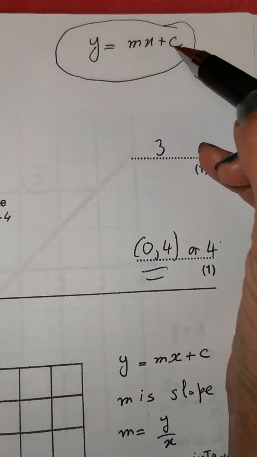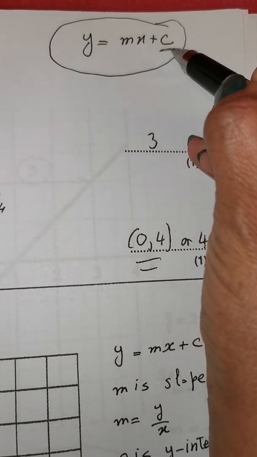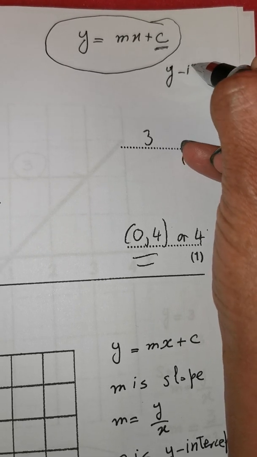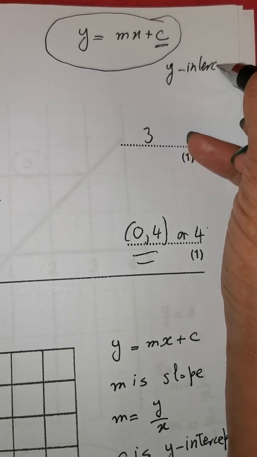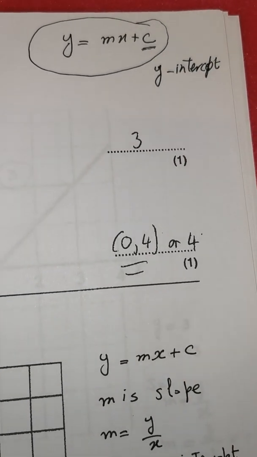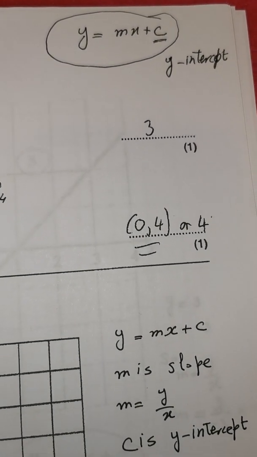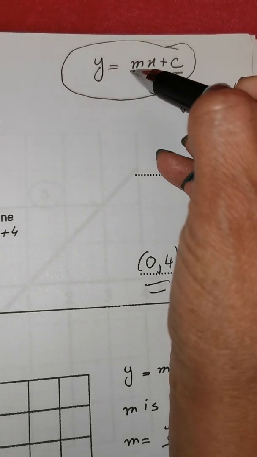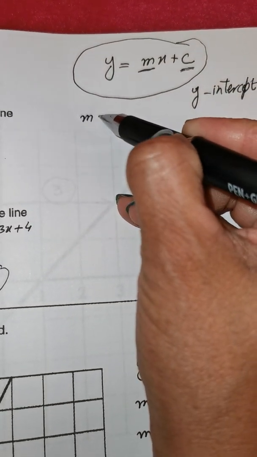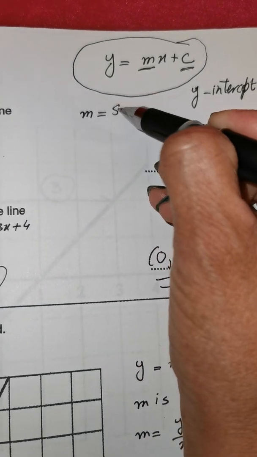In this equation, c is the y-intercept. Y-intercept means where your line touches the y-axis. And m is called the slope of the line, or we can call it the gradient of a line, right?